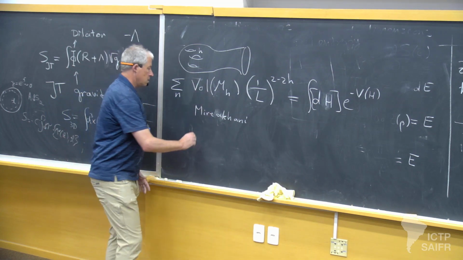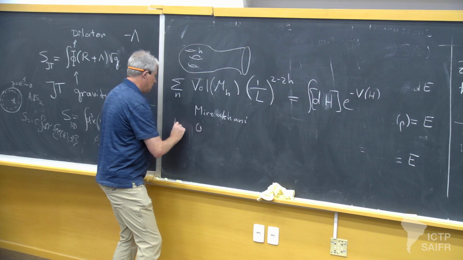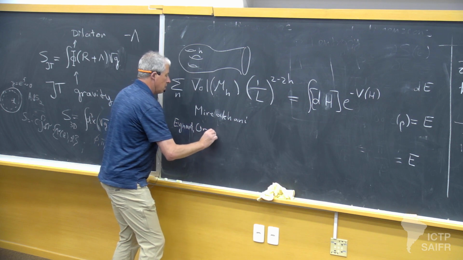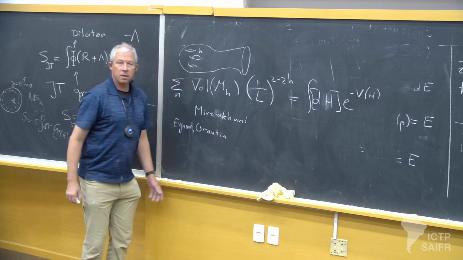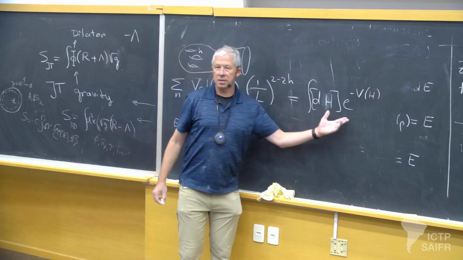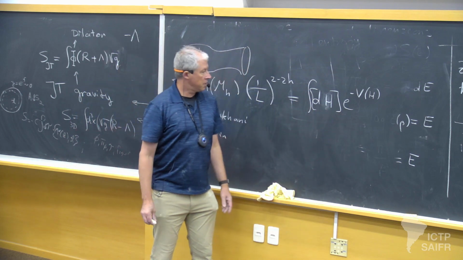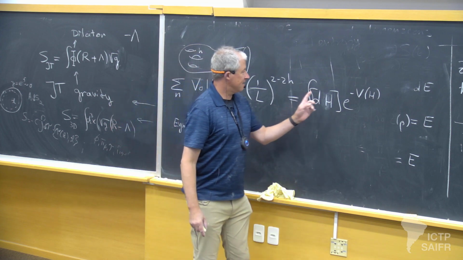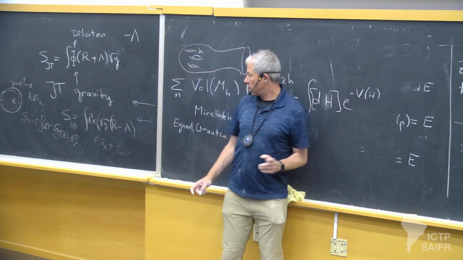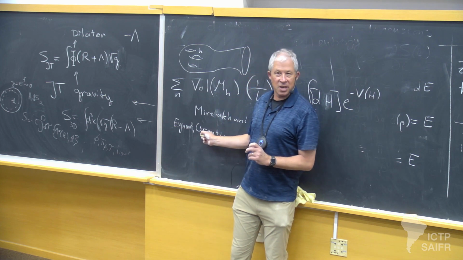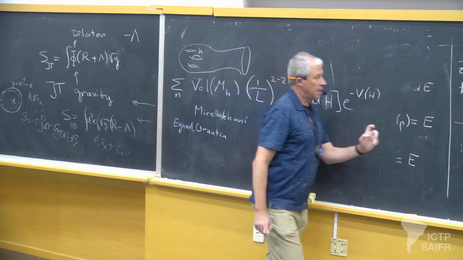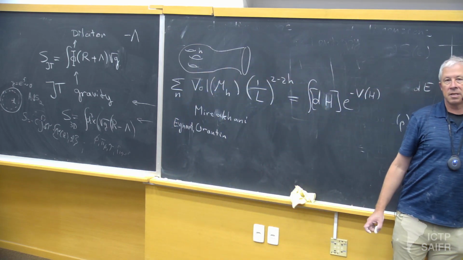And then there are Eynard and Orantin, who were able to write Mirzakhani's result in terms of a matrix model. So they had this particular equation. But the observation of Saad, Shenker, and Stanford is that the matrix model that these guys wrote down, which does this particular sum, precisely has that spectral density.